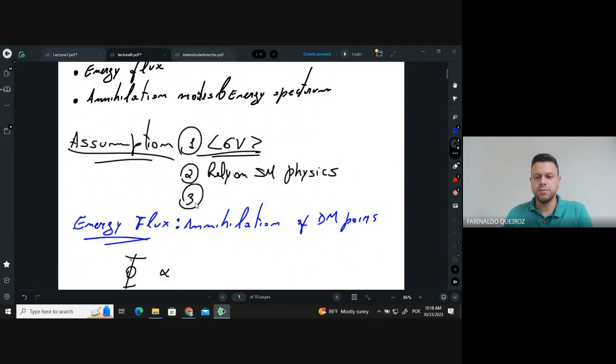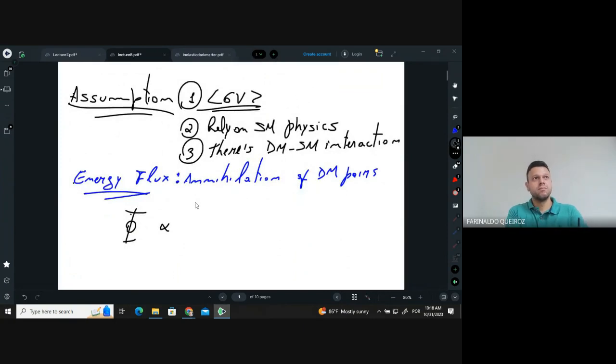I have to assume that that is dark matter standard model interaction, beyond gravity, okay? If it's just gravity, then there is no flux. So I'm assuming that dark matter does interact with standard model particles.